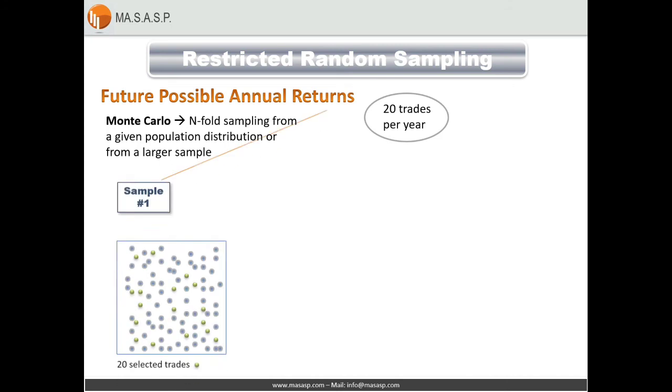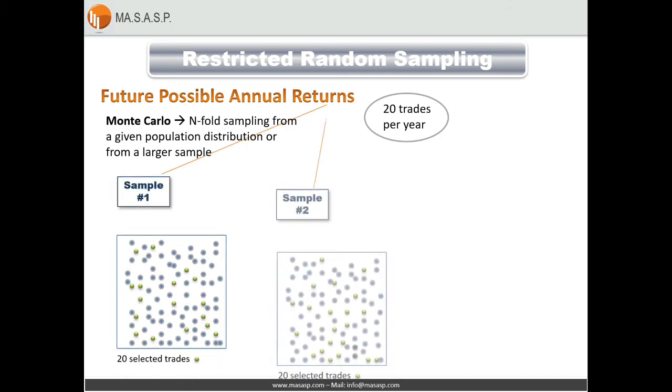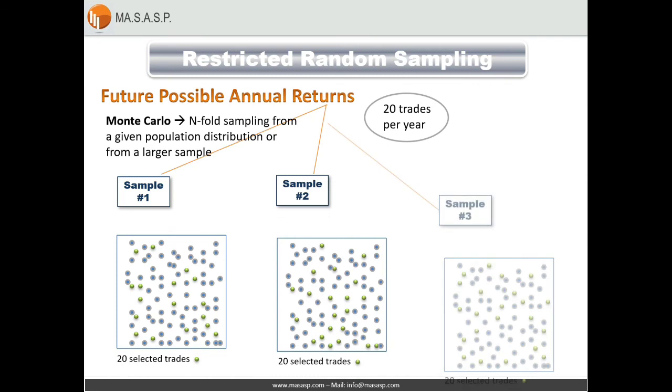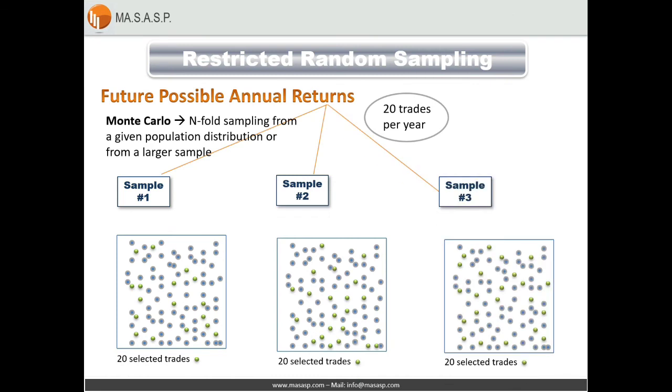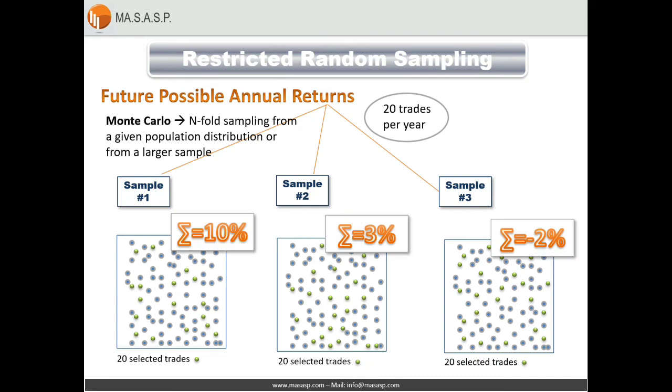Sample 1, sample 2, sample 3, and so on. After that the trades have been randomly allocated to these samples, we compute the overall return of each sample. We generate as many as 1,000 samples.